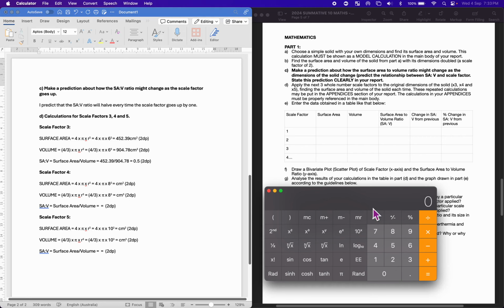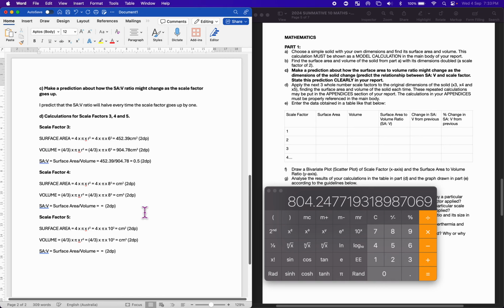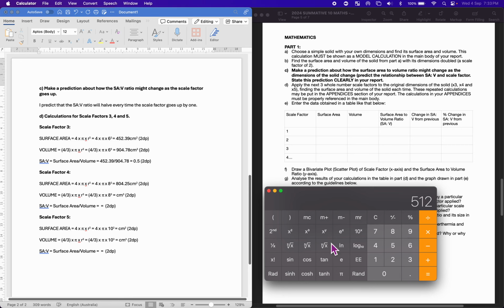Now move on to scale factor 4. 8 squared, 64, times pi times 4, 804.25. Volume: 8 cubed is 512 times pi times 4/3, so times by 4, and then divide the answer by 3, and you get 2144.66.